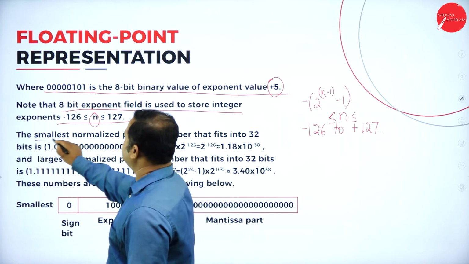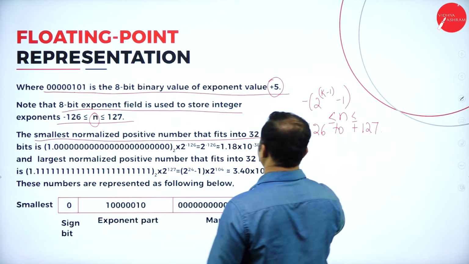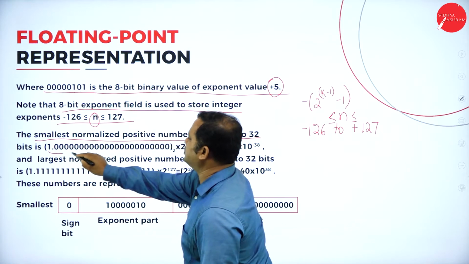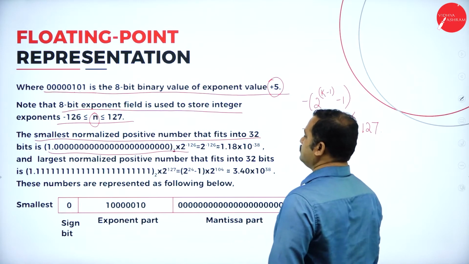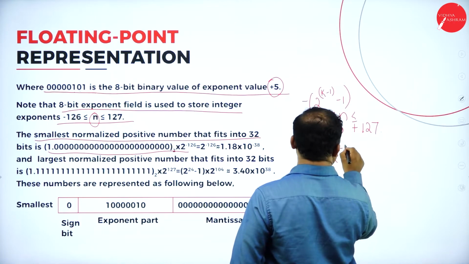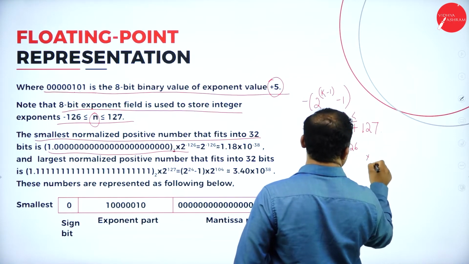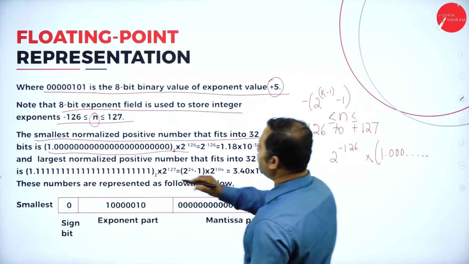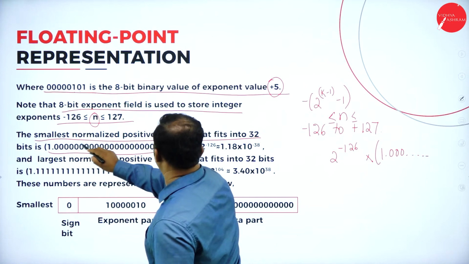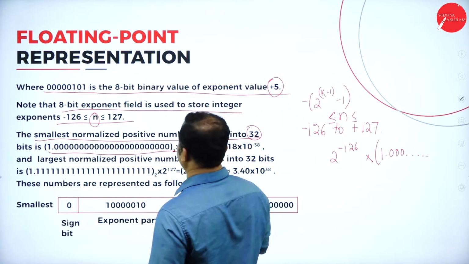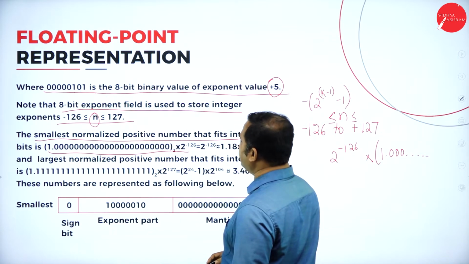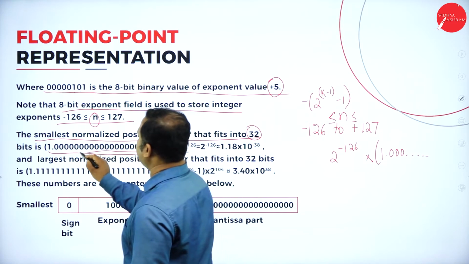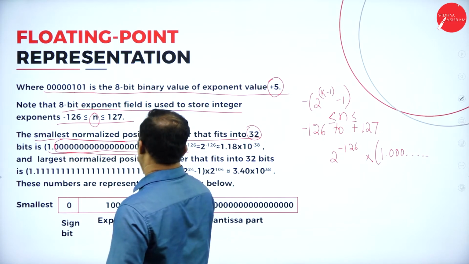If that is the case, the smallest normalized positive number that fits into 32 bits is this number. This is the smallest. That is 2 raised to the power of minus 126 into 1.000, and so on. How many bits does it have to be represented in? It has to be represented in 32 bits. So in total we have 23 bits for this fractional part.